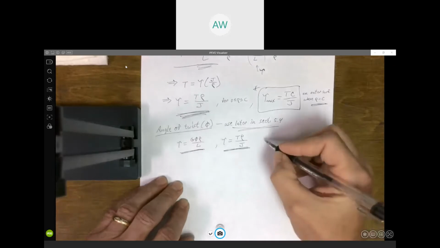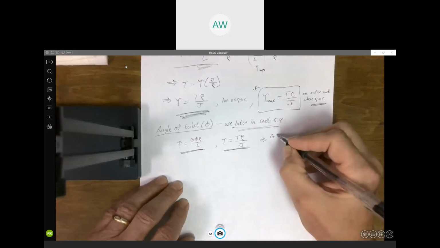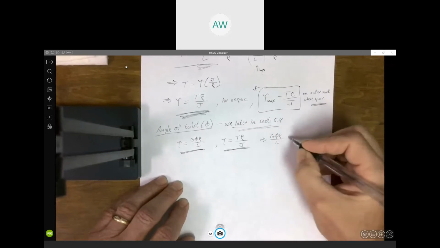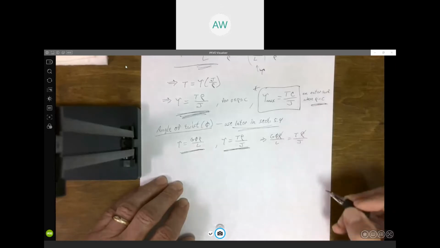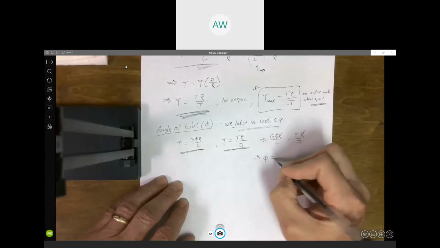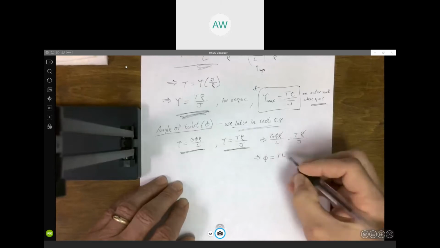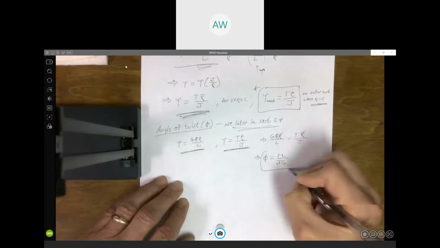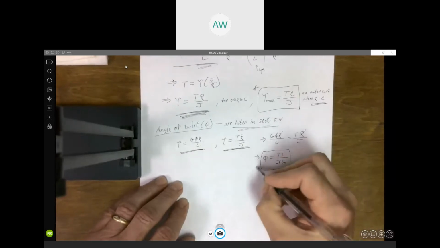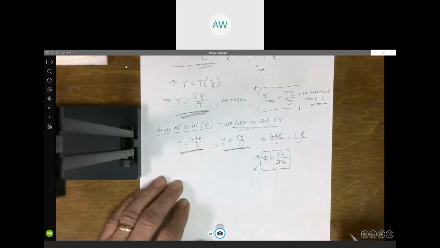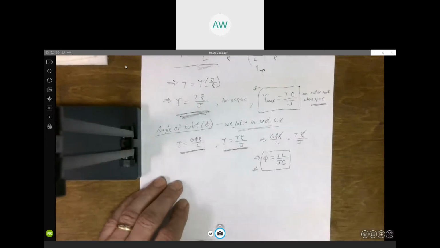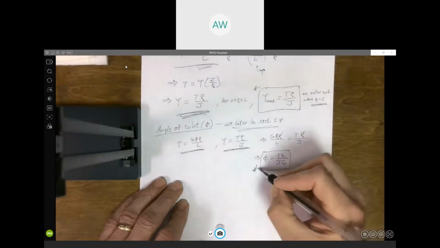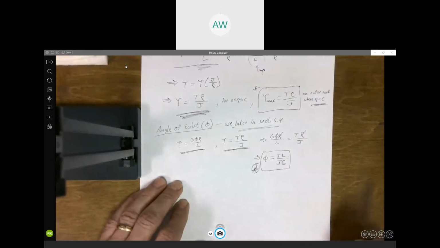So if we set those equal to each other, we get G phi rho over L is equal to T rho over J. Radius cancels, and if you solve for phi, you get TL over JG. So this formula is one we're going to need a little bit later in chapter 5. Simple, straightforward formula. If you want to know how much that cross-sectional surface rotates, that's the formula that will get you that angle of twist.